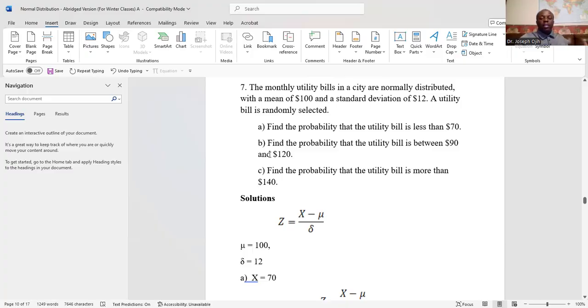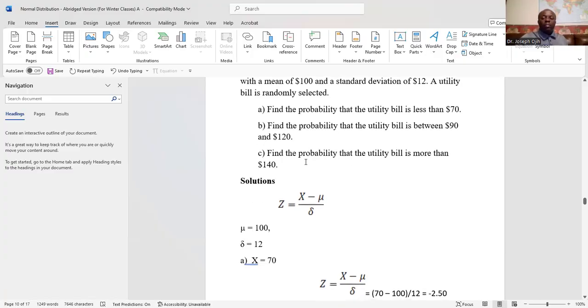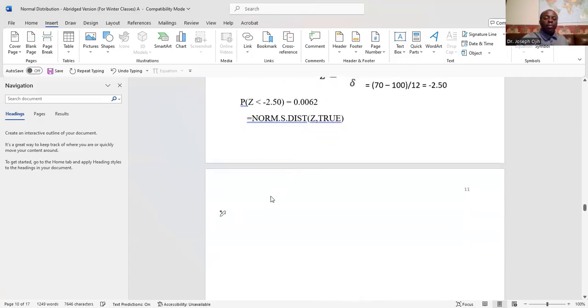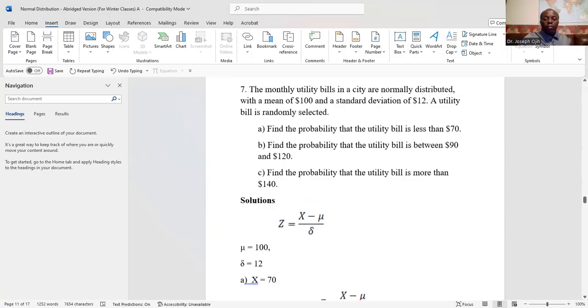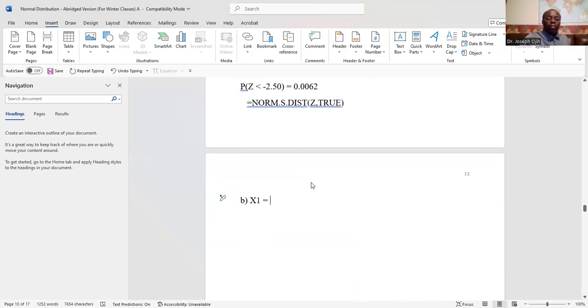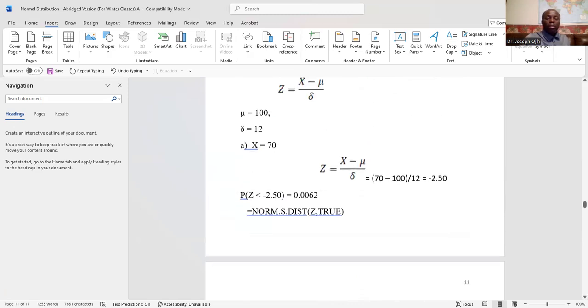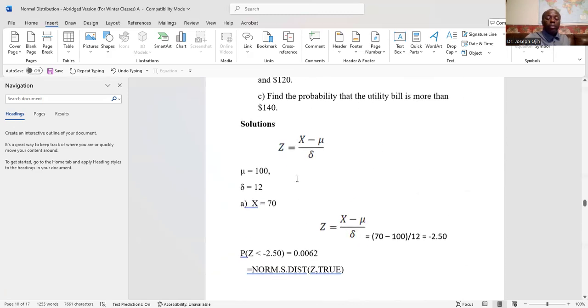Now, find the probability that the bill is between 90 and 120. So we have two X's. X1 is 90, X2 is 120. So we have to transform both of them. That's part B. X1 equals 90, and X2 equals 120.